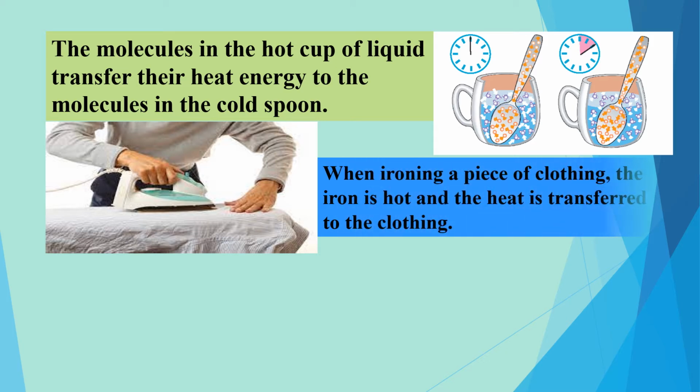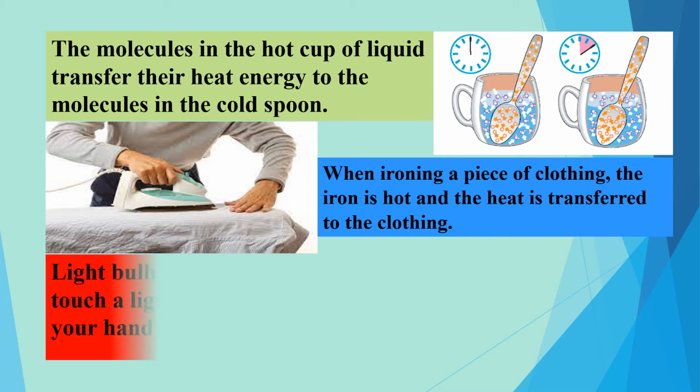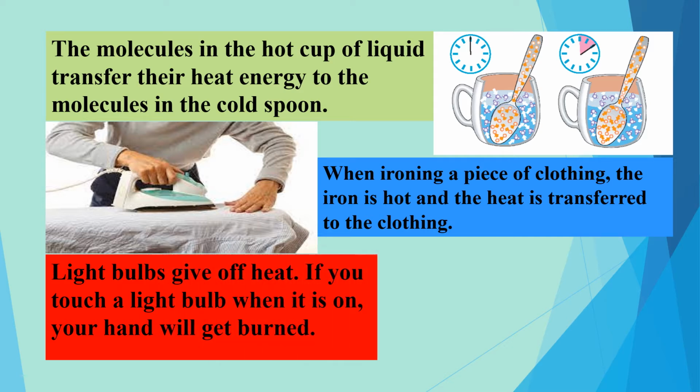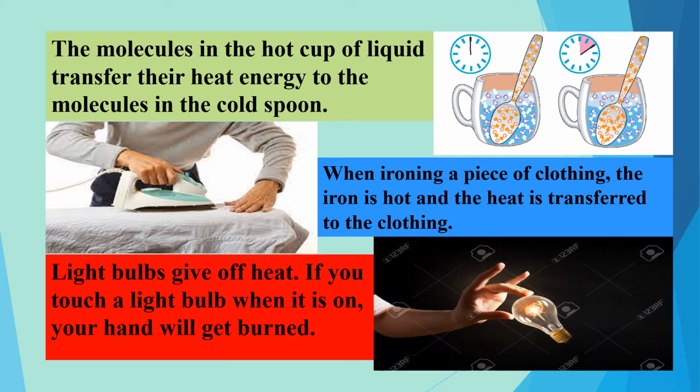When ironing a piece of clothing, the iron is hot and the heat is transferred to the clothing. Light bulbs give off heat. If you touch a light bulb when it is on, your hand will get burned.